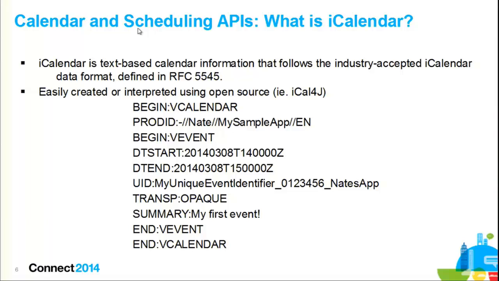So I just want to step back a bit and talk about what iCalendar is, because I think it's important to understand for the context of this. It's a text-based calendar representation of information, and it is the industry standard. You can view the details in RFC 5545, which doesn't read like a book, but compared to some other RFCs, it's not that bad. You can see the example here is a pretty simplistic version.